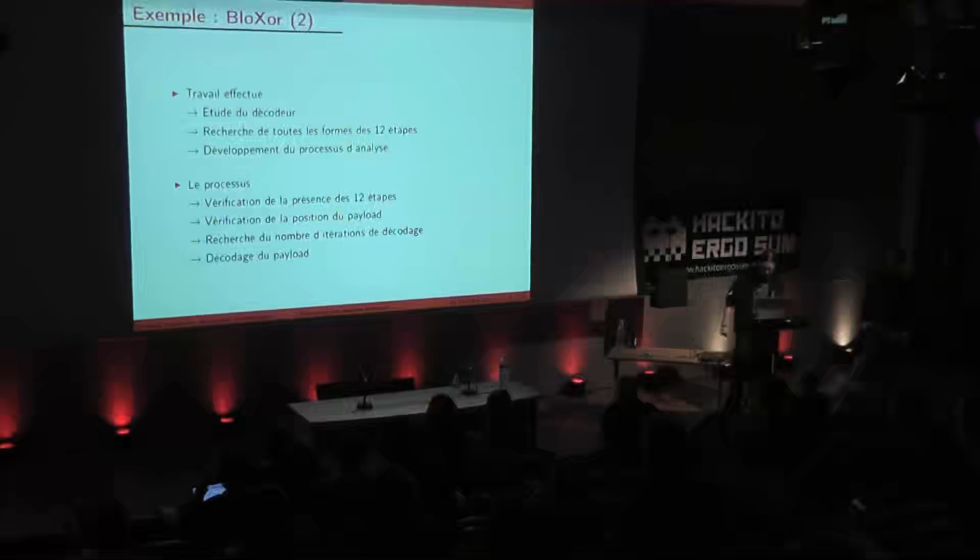Then I could build the processes, which firstly find the 12 steps, verify they are true steps, for example if the registers are correctly used, or things like that, and then it decodes the shellcode.